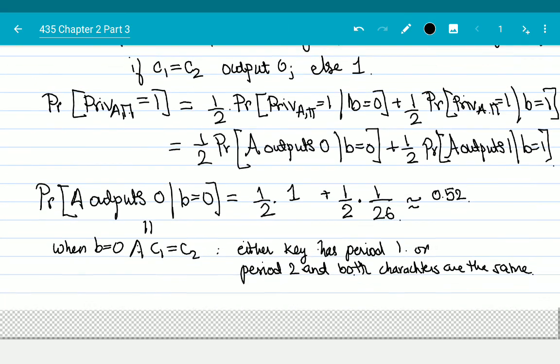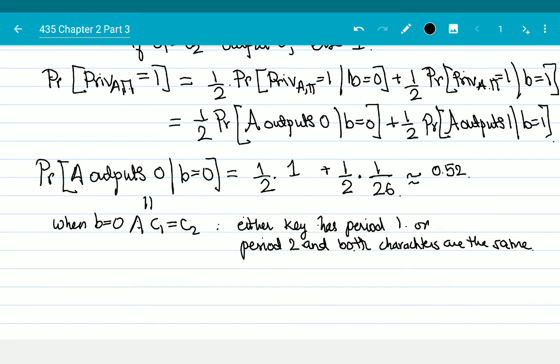Okay. If the key has period 1, doesn't matter what the key is, whatever happens, you're succeeding. If the period is 2, the probability that both characters are the same is 1/26. It doesn't matter what the first one you choose is, the second one has to be the same. There are 26 choices, so it's 1/26. Okay.